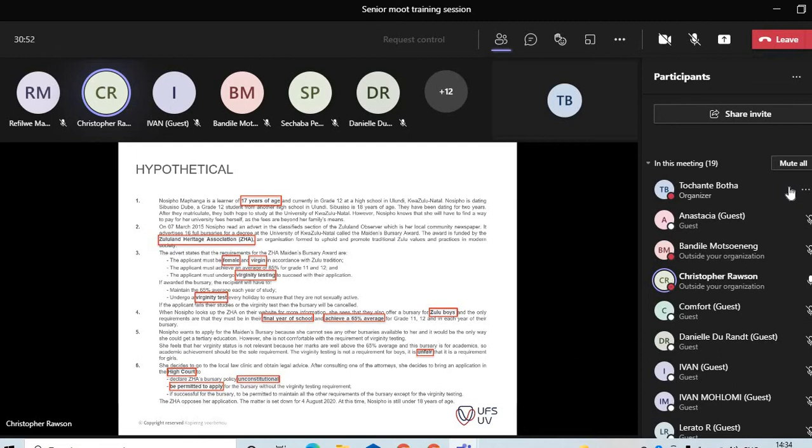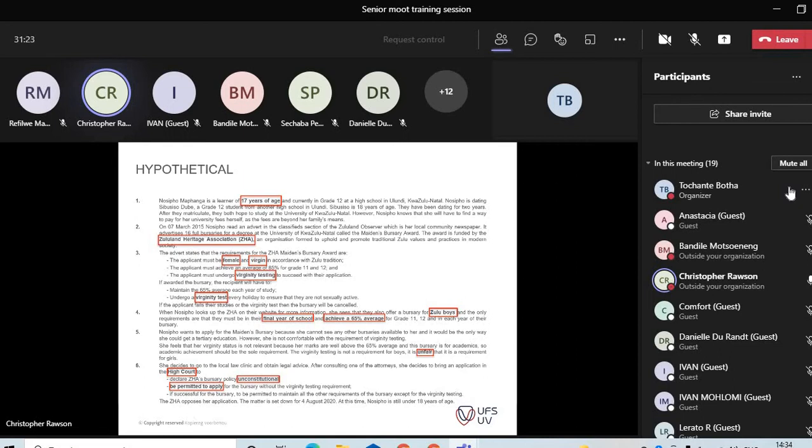So not only are we asking a question of, is virginity testing fair and legal and lawful and so forth, we are dealing with a very specific differentiation between men and females. And we know in South African law, the test we use there is an unfair or fair discrimination test, right? So in South Africa, this is what we know. We know that there's unfair discrimination, and we know that there's fair discrimination. And what are those kind of requirements, right?